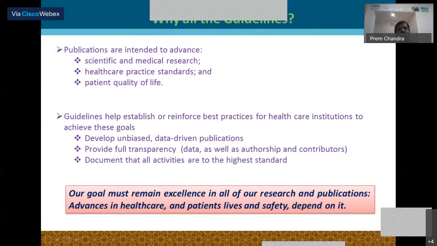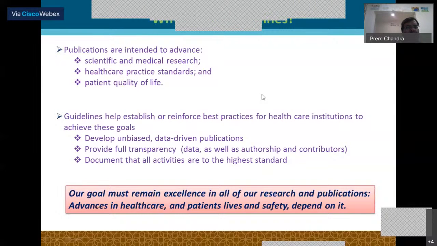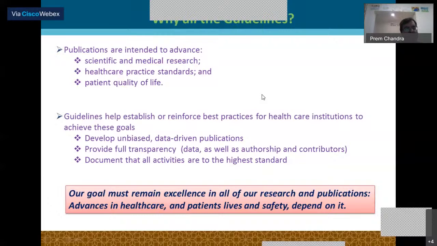Why guidelines? The publications are basically intended to advance scientific and medical research, healthcare practice and standards, and most importantly, patient quality of life. And the guidelines basically help establish or reinforce the best practices for healthcare institutions to achieve these goals.